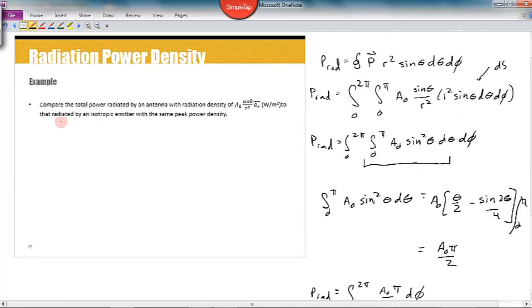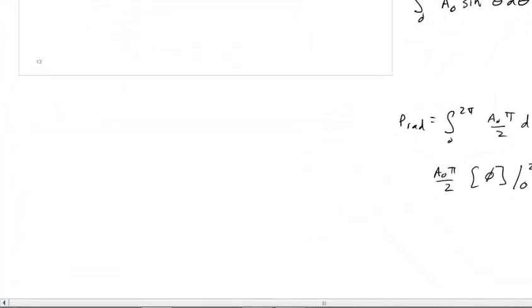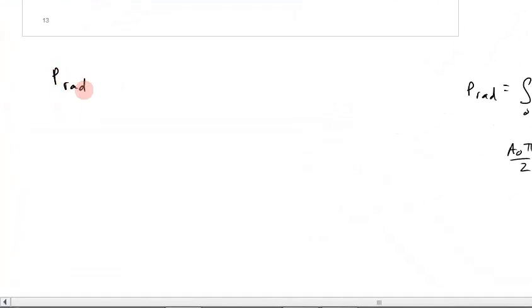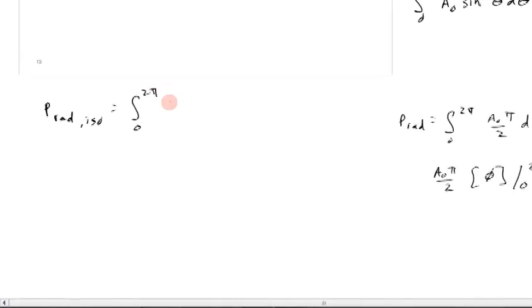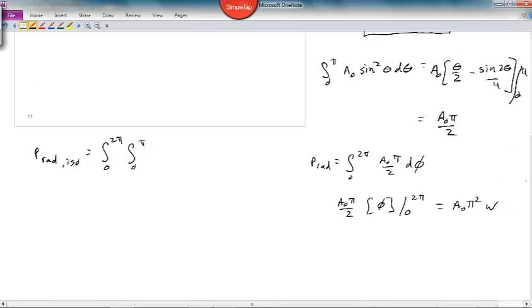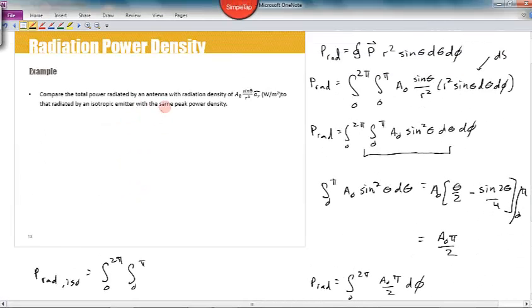Now I need to compare that to the total power radiated by an isotropic emitter. So P rad for the isotropic emitter is going to be equal to the surface integral, which is again 0 to 2 pi, integral from 0 to pi. Well, now I need to think a little bit about an isotropic emitter. I was given a radiation density of A0 times some sort of function.